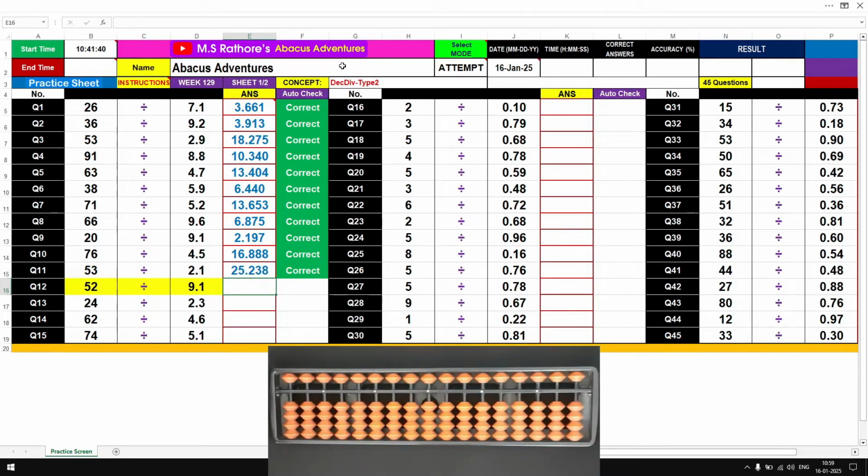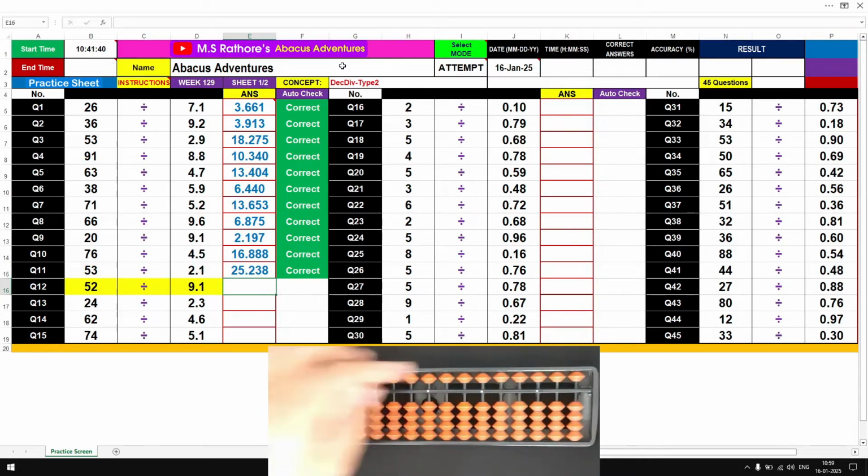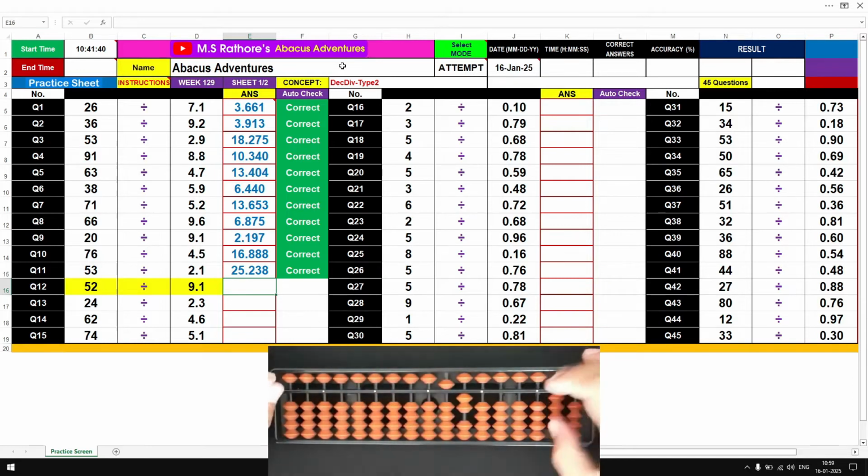Question number 12, 52 divided by 9.1. So 52 divided by 91.